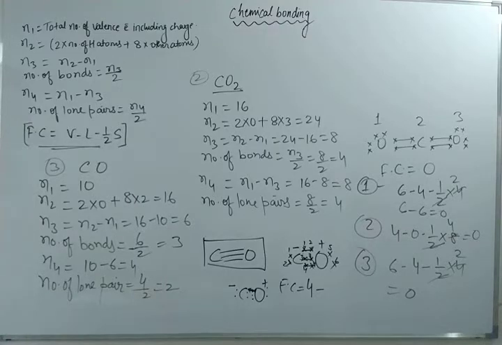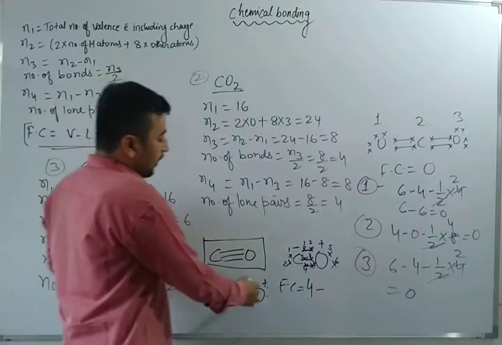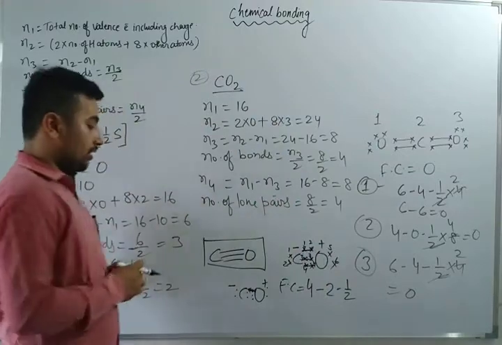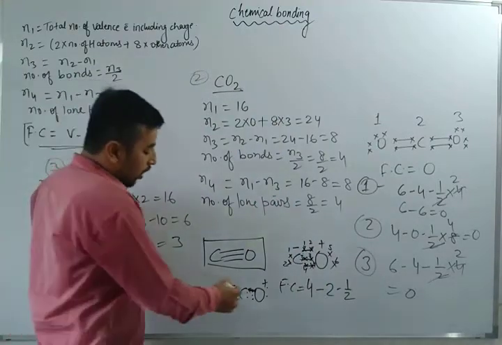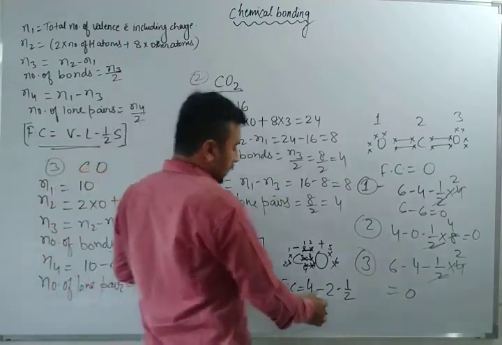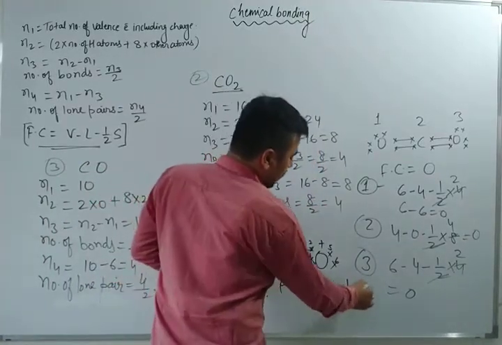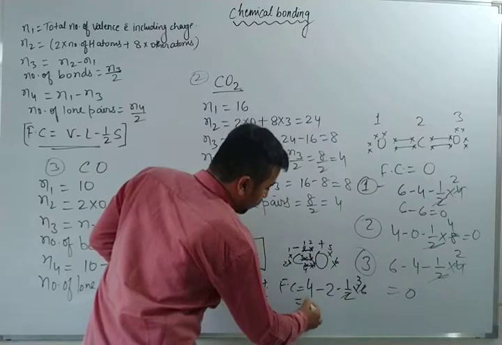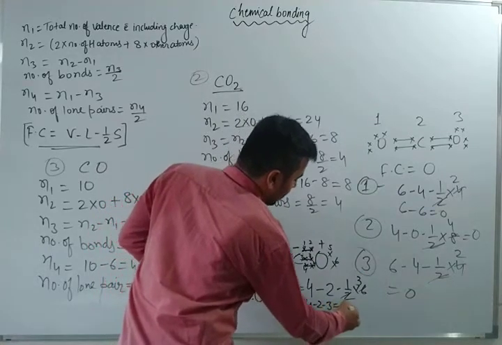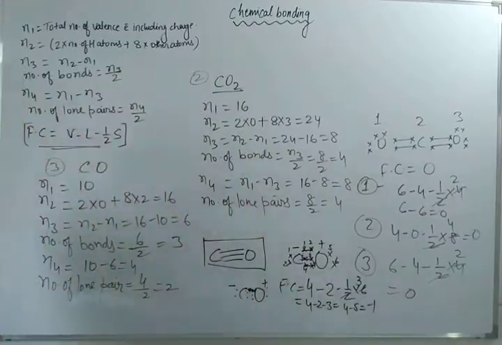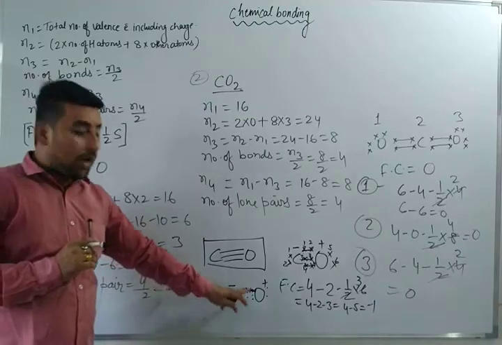Here you can see on the left side, there is one lone pair of electrons, so the total number of electrons will be 2, minus half into shared pair of electrons. Shared pair electrons means total how many? 1, 2, 3, 4, 5, 6. So 6. So 4 minus 2 minus 3, that is 4 minus 5 is equal to minus 1. So that's why I have put here minus 1 charge. So you will understand what the formal charge of carbon is, why there is a minus 1.